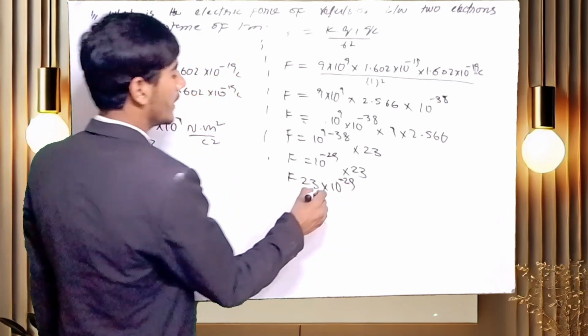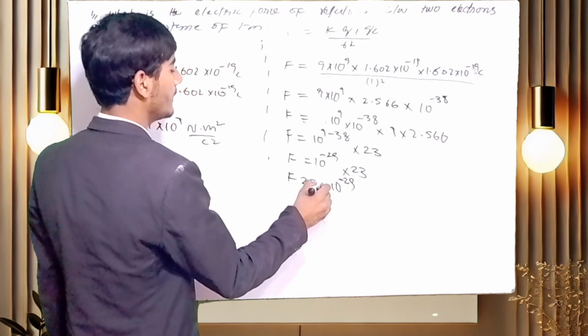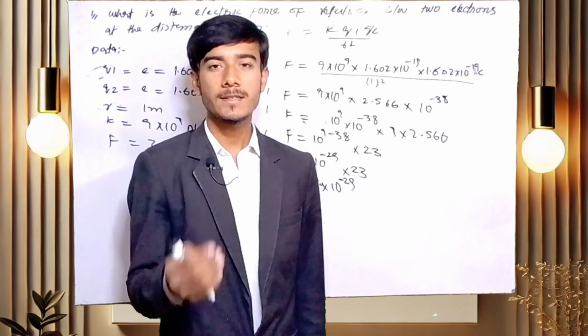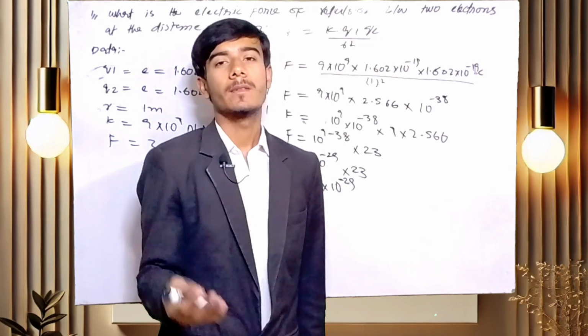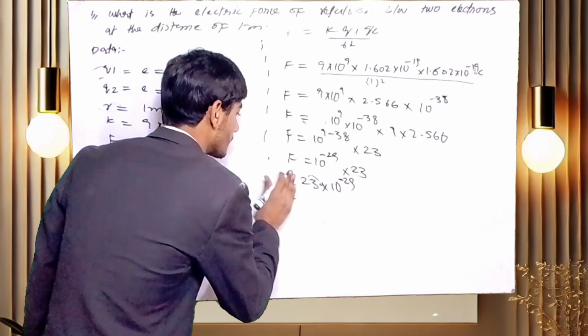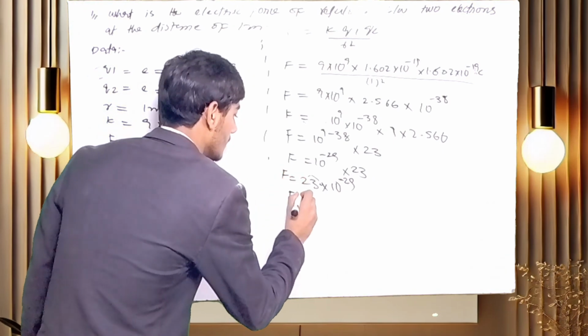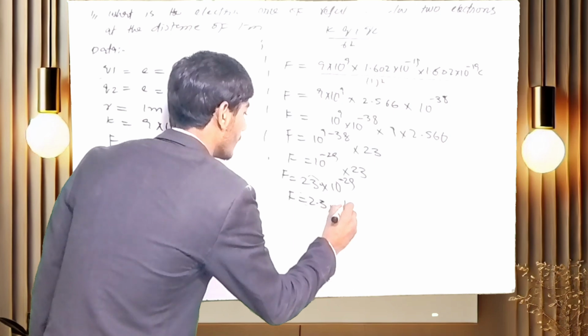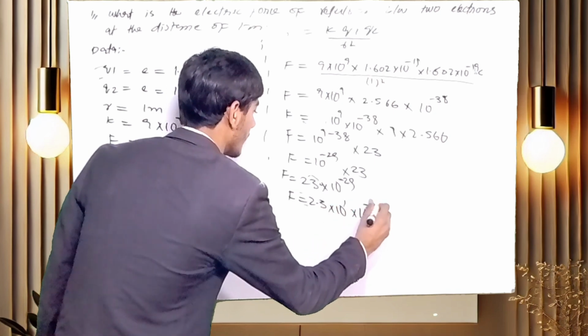I am going to shift the decimal point from the right side to the left side. You know that if I move the decimal to the left side, the power will be positive. So F is equal to 2.3 into 10 power 1 multiplied by 10 power minus 29.